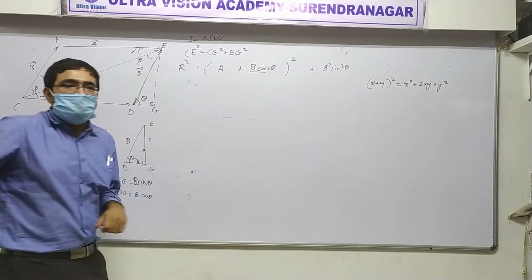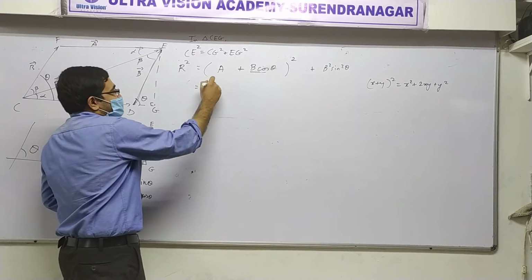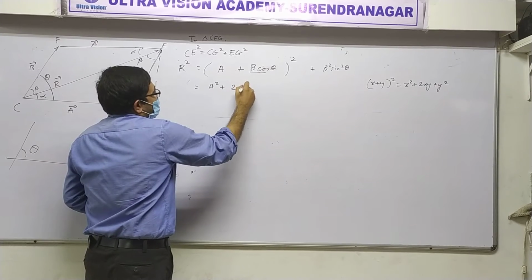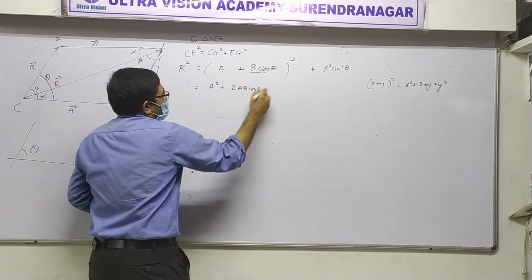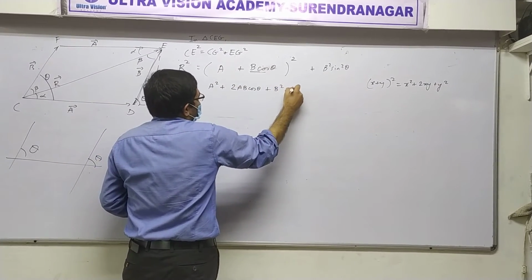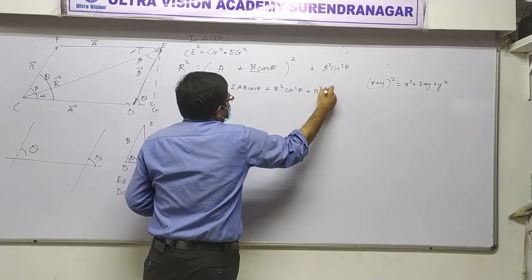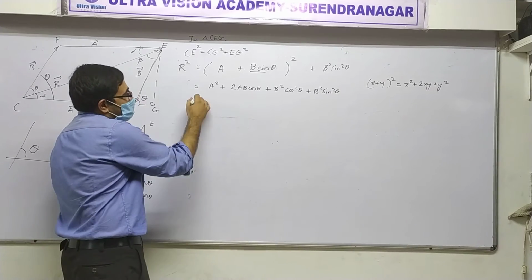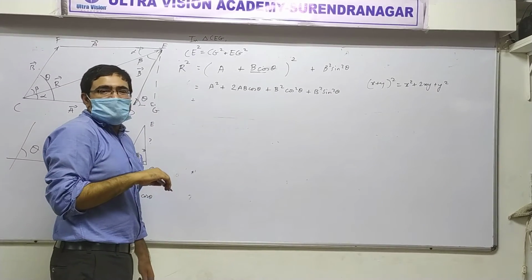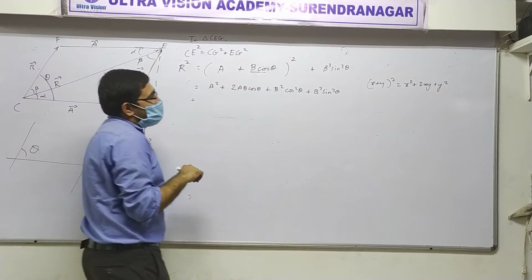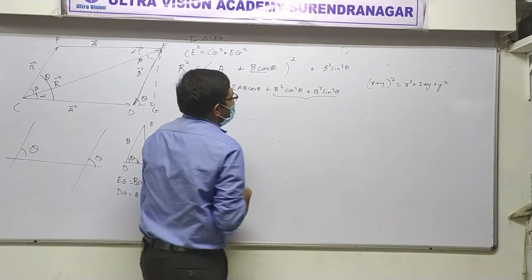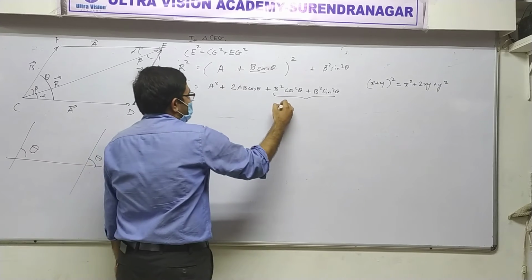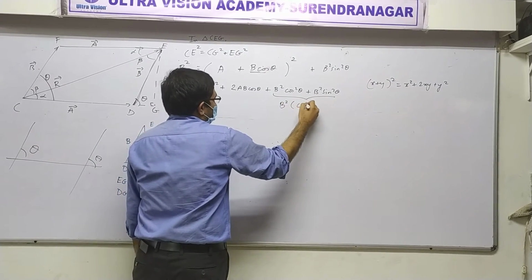So this is equal to x square plus a square plus 2ab cos theta plus b square cos square theta plus b square sin square theta. Okay? Anything square here? B square common. B square is common. What's it?